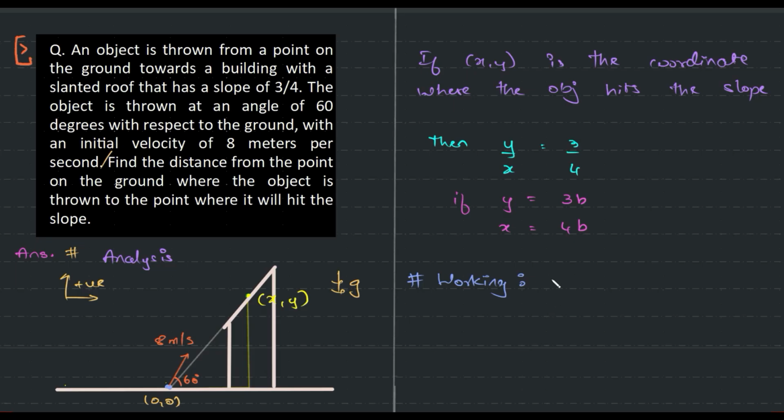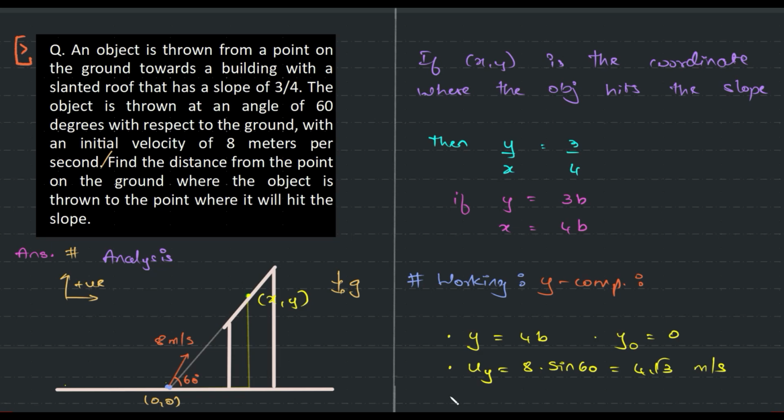Okay, I hope you guys did it. As we have done before, we need to start with the y component and x component. Let's look at what we have. In this case, we know the destination: y is equal to 3b, and y naught is equal to 0. The initial velocity along y is 8 into sine 60 degrees, so this is root 3 by 2, which gives 4 root 3 meters per second.